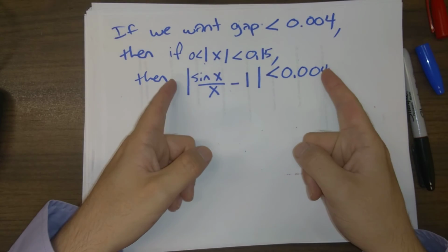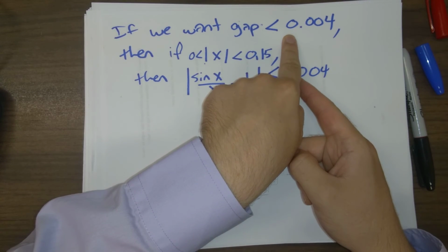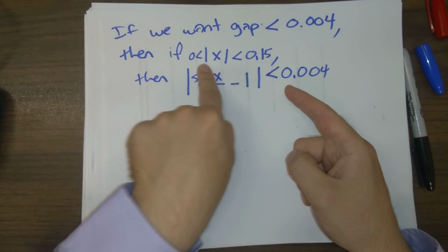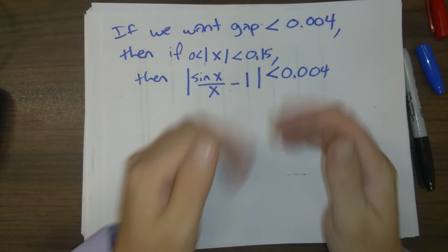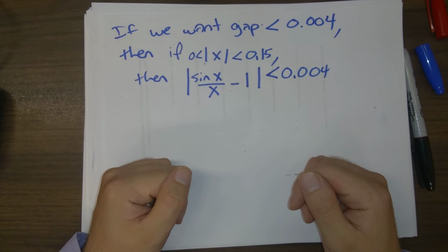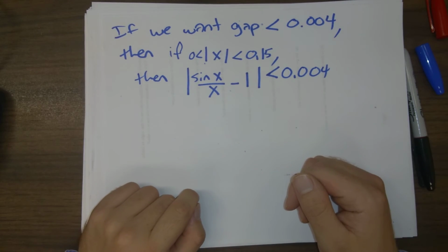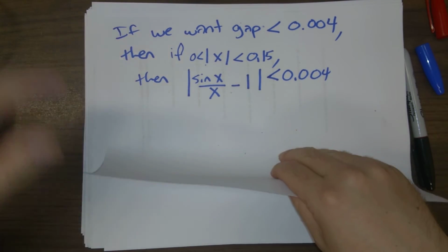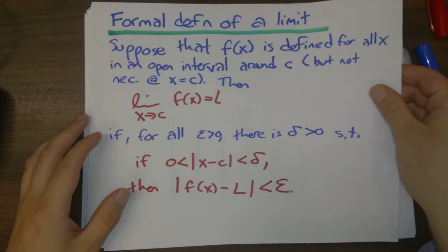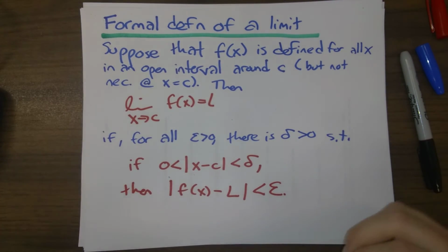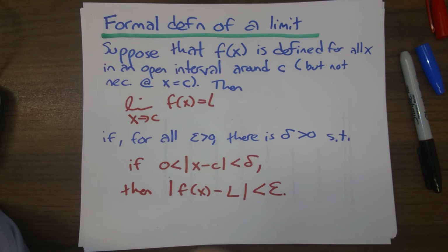So I tell you how small I'm demanding my gap condition to be, and you give me this range of x values that will make the gap condition small enough. And so putting all of that together, instead of the semi-formal definition of the limit, we're going to see now the formal definition of the limit.